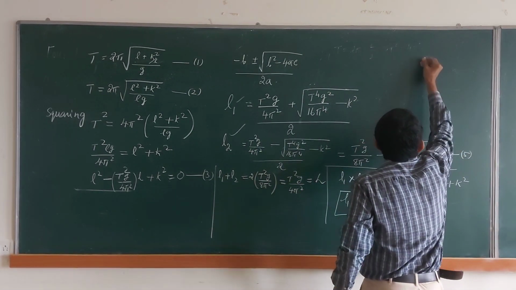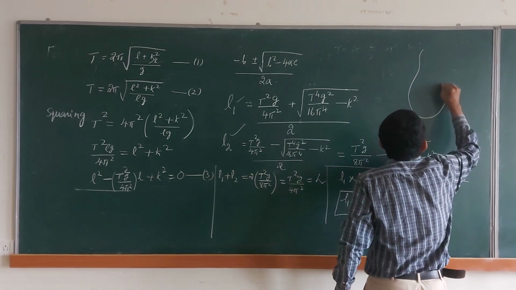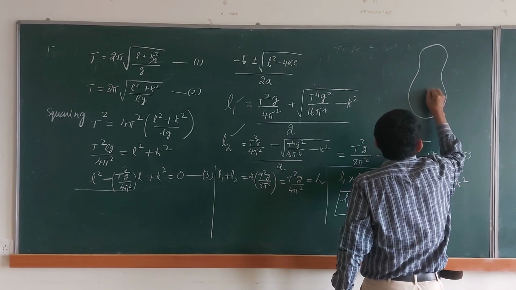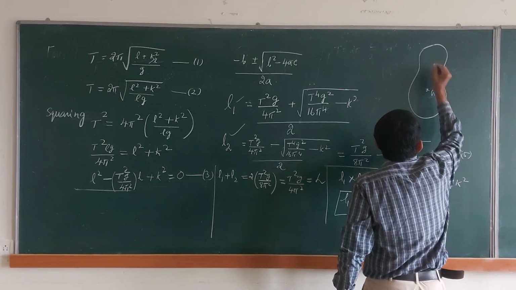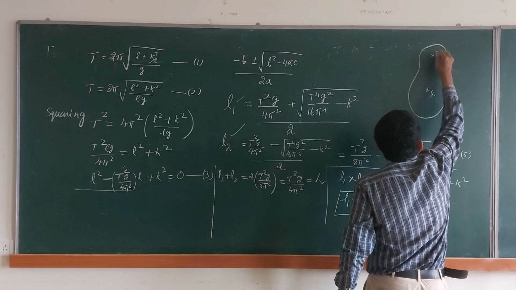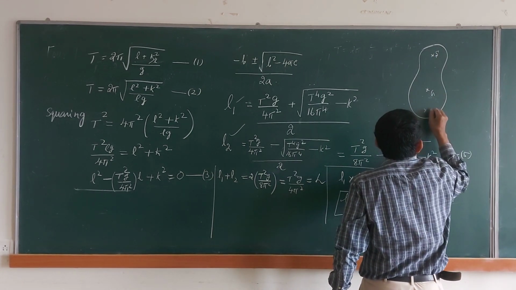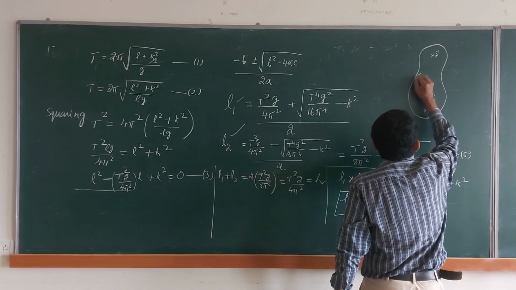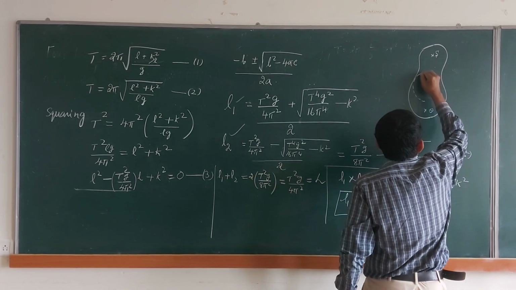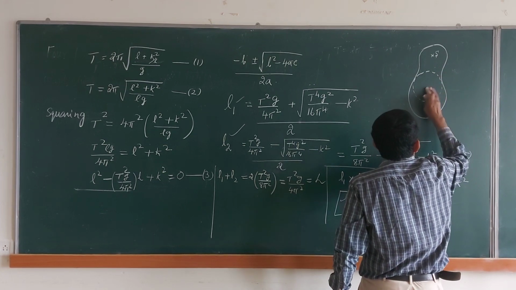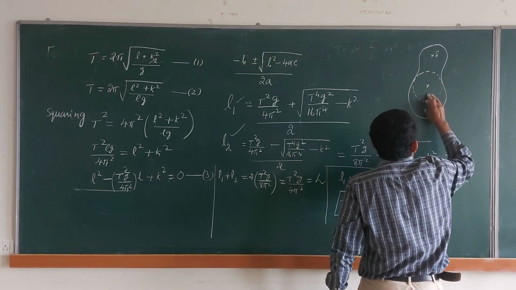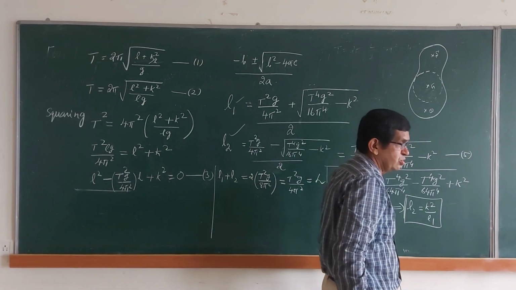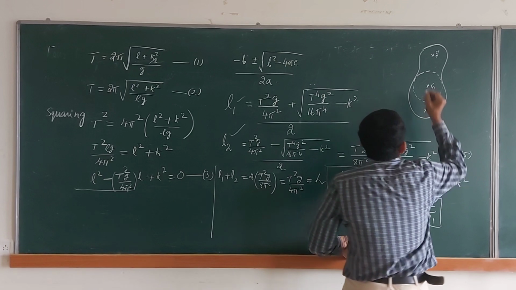This is the compound pendulum, and let us say this is the center of gravity, and here this is the center of suspension, and this is another point O, and we draw two circles. I will take this as the center of gravity, and the radius is equal to L2.